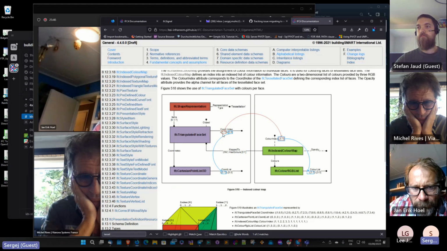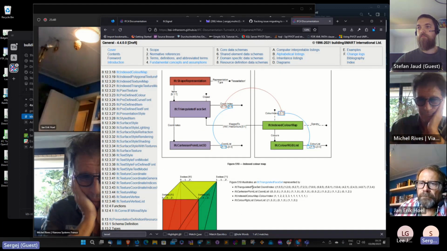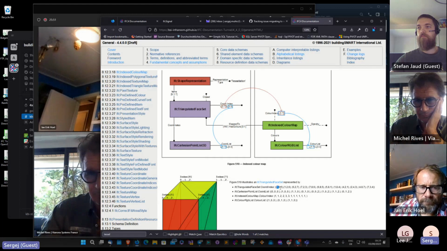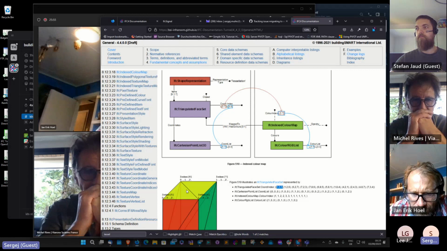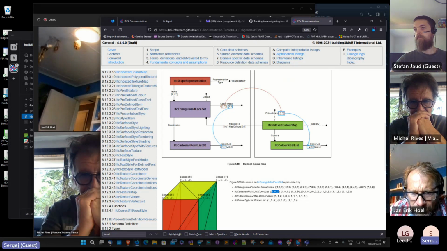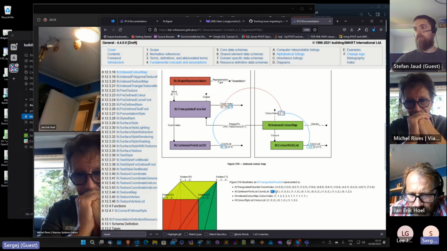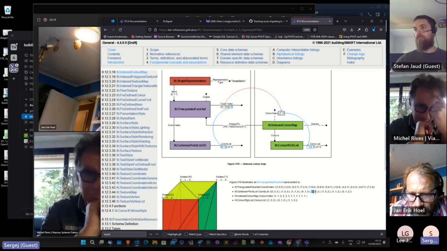So if you have a triangulated facet, the coordinate indices of the coordinate list compile the triangles. So let's say 1, 2, 3, and 4, 5, 6 is the first triangle that's compiled from these points.